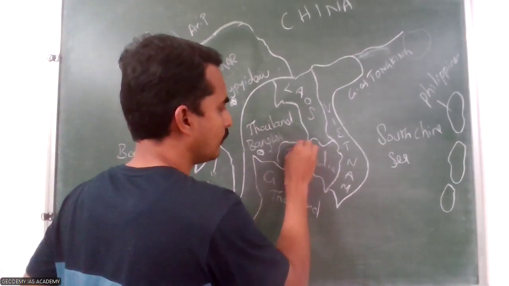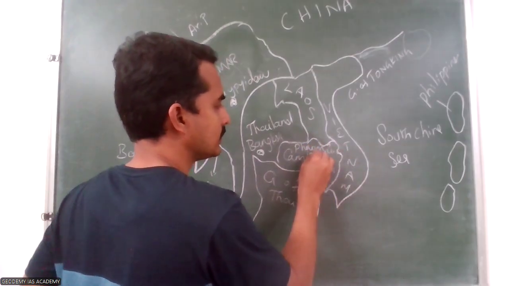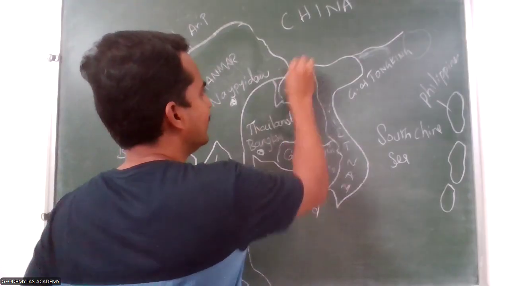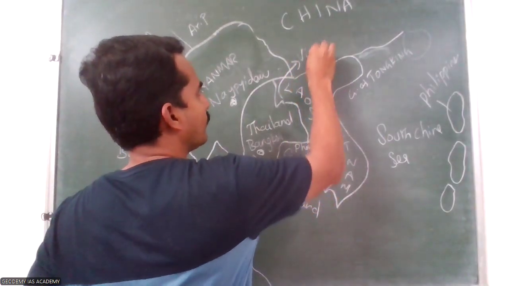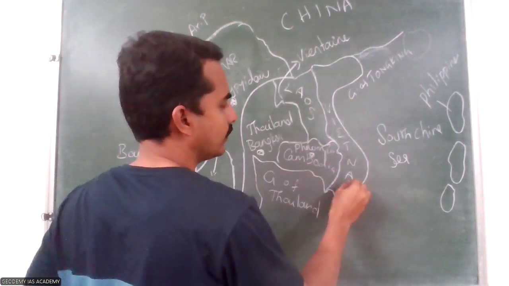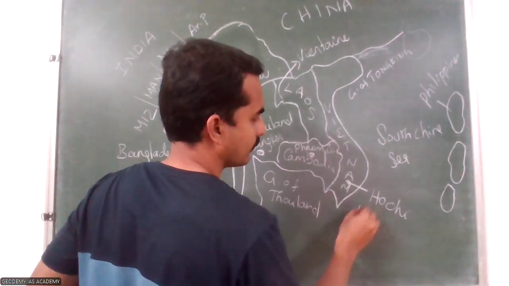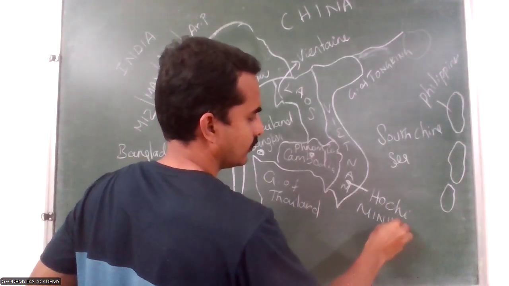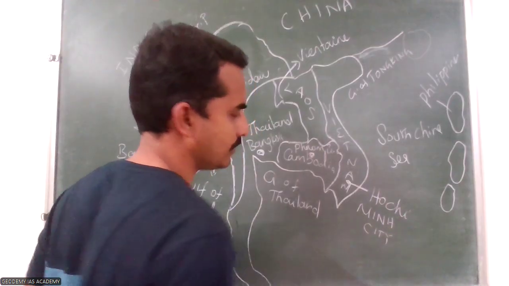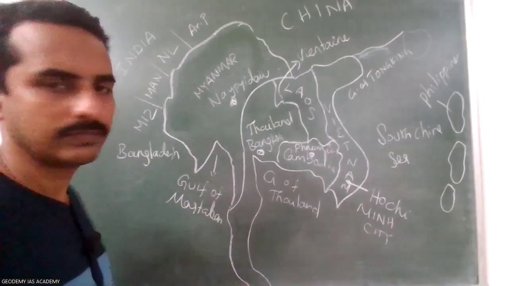And Cambodia, Phnom Penh city, Laos, Vientiane, and Vietnam, Ho Chi Minh city. Ho Chi Minh, the father of Vietnam. Okay. So these are the capital cities.